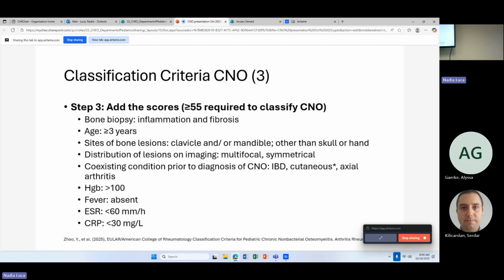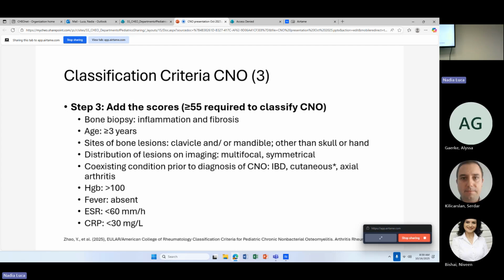Okay, so then step 3 is, I didn't go into all the scoring because you don't need to know this, but I just wanted you to be aware of what is scored in this final step. So they give a number value to all these various levels, and then if you meet the threshold, then it's likely that you can classify as CNO.